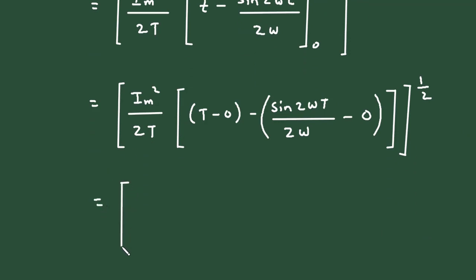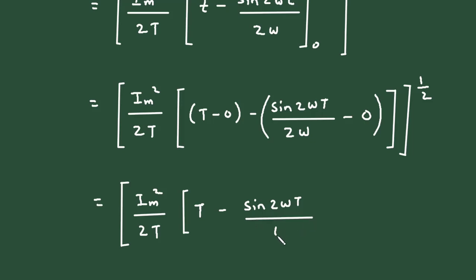So it is equal to again Im square divided by 2T. So this will be now in square bracket T, then minus sine 2 omega T divided by omega, to the power 1 by 2.